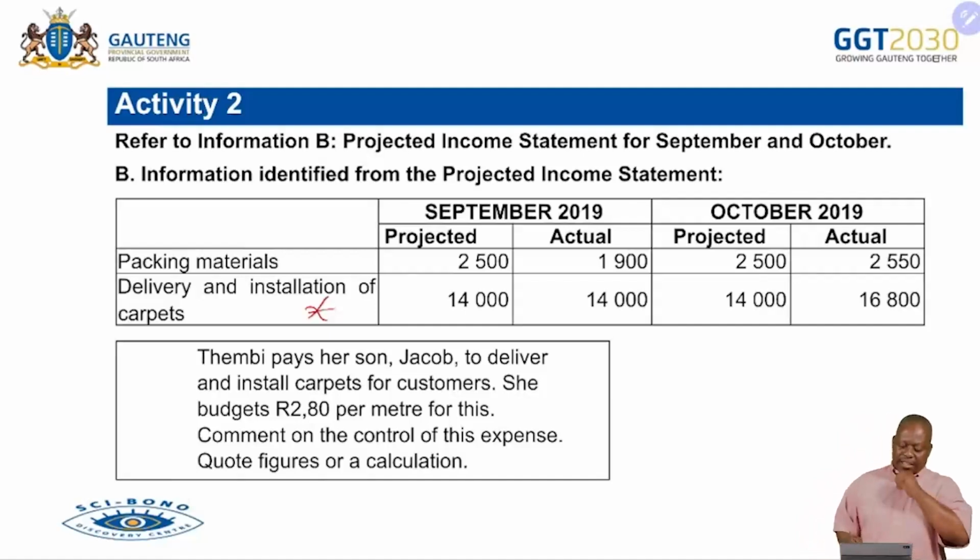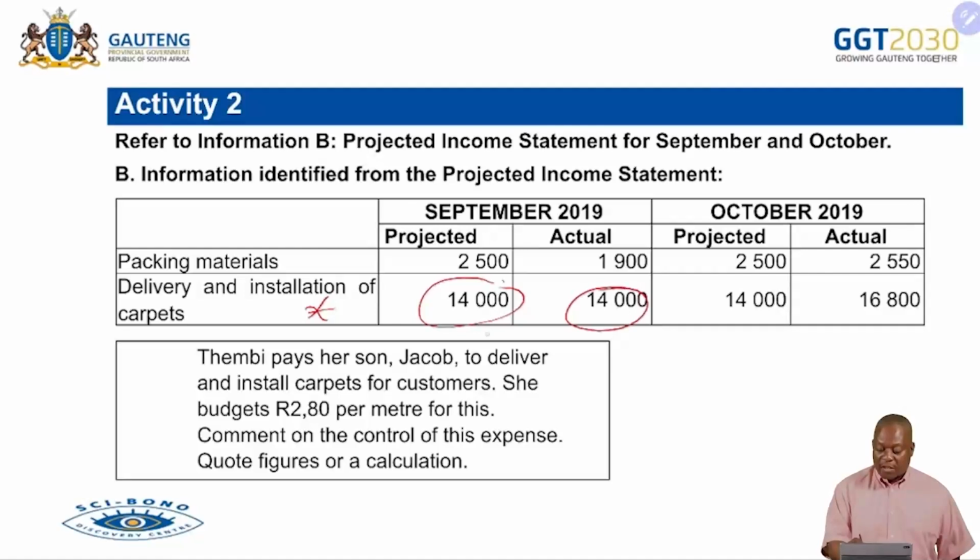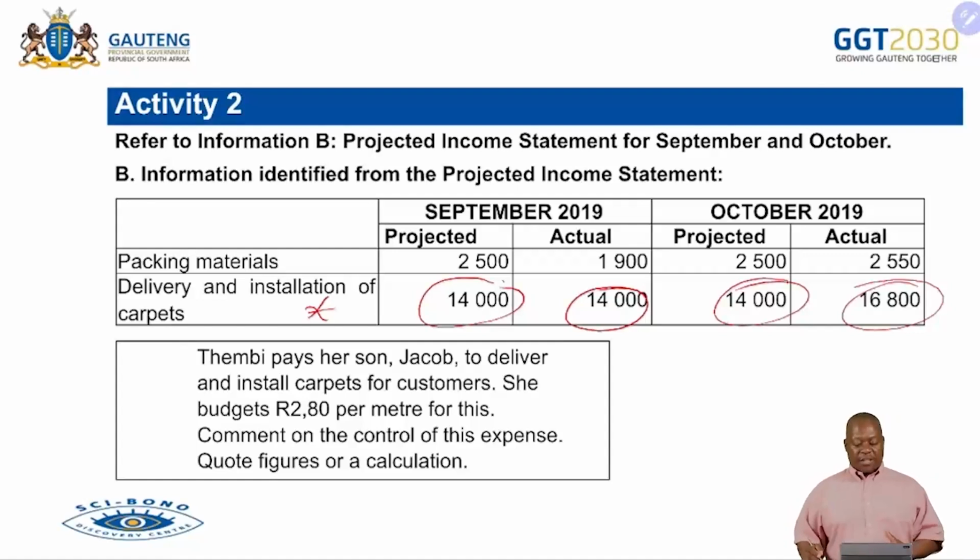Now, let's check. In September, we had budgeted 14,000 and we paid how much? 14,000. Now, when it comes to October, we paid more. But what is happening? We are paying more than budgeted. So can we say we are okay with what happened in September? I don't think so.